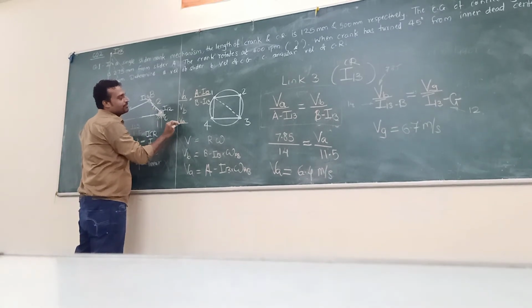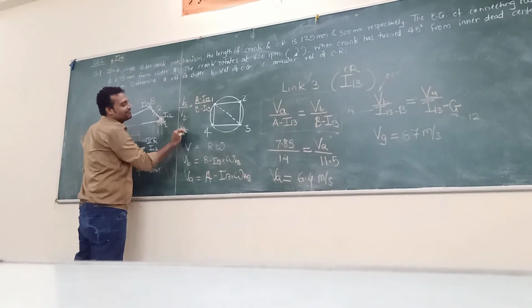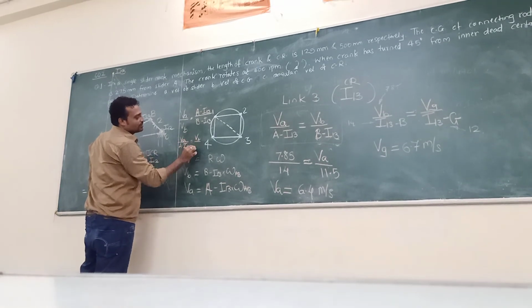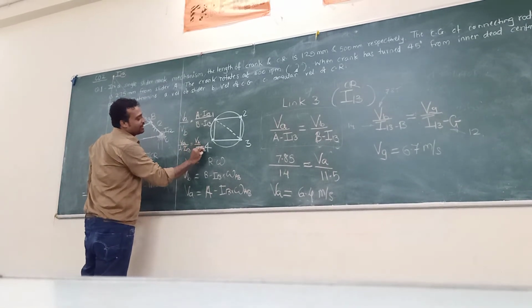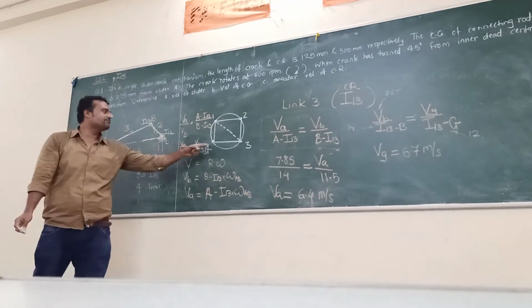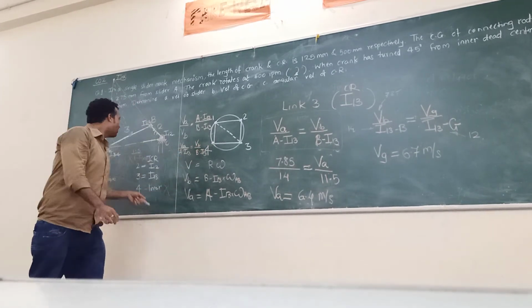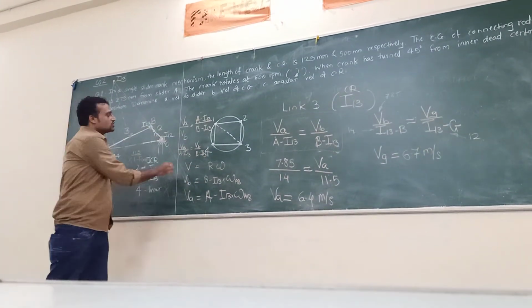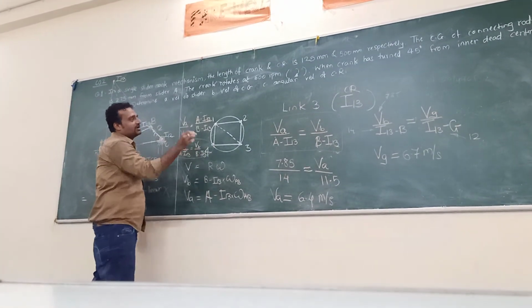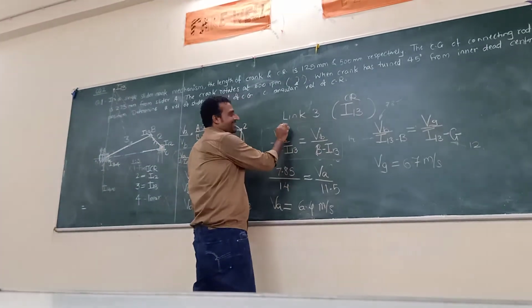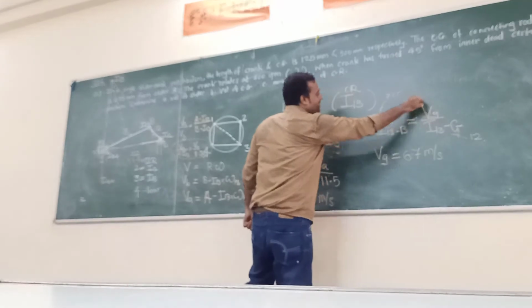We will get VA upon A I13 is equal to VB upon B I13, and so on. We can take any other point on this link. We can write VG upon G I13, or for any point X, Vx upon X I13. So we are using this formula to find out the velocity of point A as well as the velocity of point G.